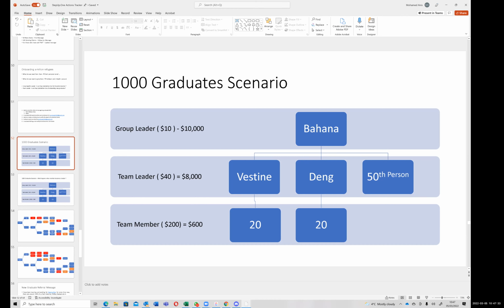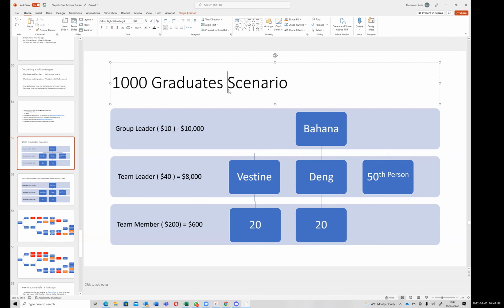Let's say the Excel sheet contains maybe 100 members, and the team leaders who are going to work on these new graduates are like 10. That means each one will take 10, 10, 10, 10, 10 members, a total of 100.